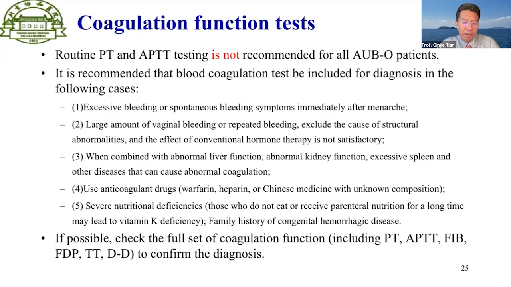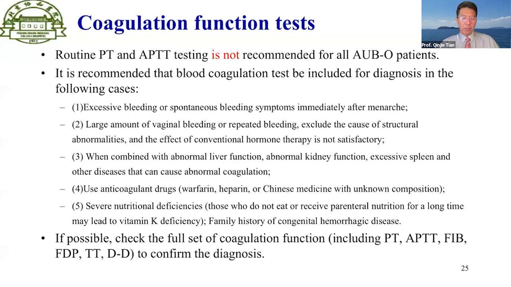Sixth, having a family history of congenital hemorrhagic disease. So if feasible, perform a comprehensive set of coagulation function tests, including the PT, APTT, fibrinogen, FDP, thrombin time, D-dimer, to confirm the diagnosis.